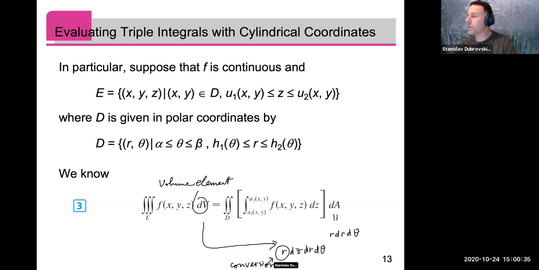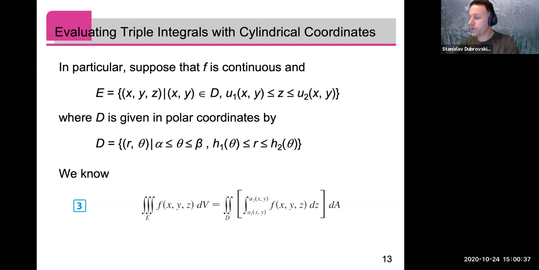And the visual to remember that is the way that you would chop this solid into pieces. You will chop it along the polar coordinates on the bottom, and you just add dz in the vertical direction.